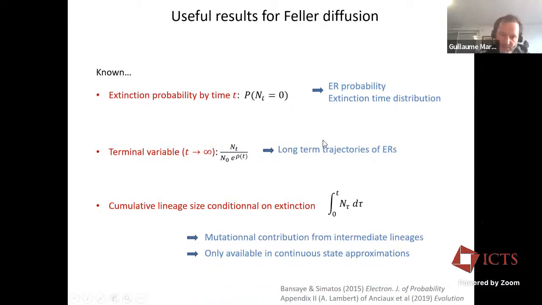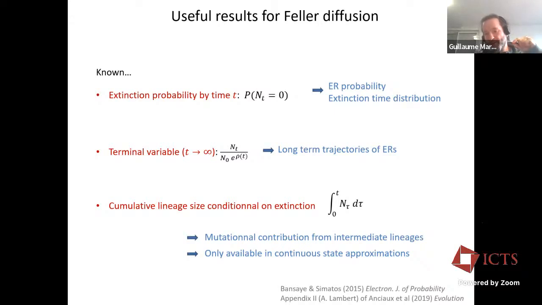Another interesting property, because we also have the previous results for a birth-death process, for example. The birth-death and the Feller diffusion results are actually very close. But what we have in the Feller that we don't in the birth-death is access to the distribution of this quantity, the cumulative size of a lineage from time 0 to its extinction.